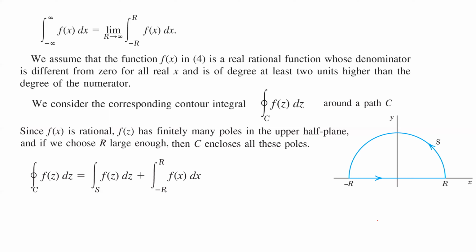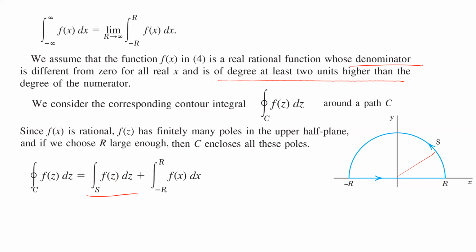All right. And then if you make r go to infinity, this part, because f of z goes to 0 over this circle, because the denominator is larger by a power of 2 at least, the integral becomes 0. This integral becomes 0 because of this condition that the denominator is of degree at least 2 units higher than the numerator.